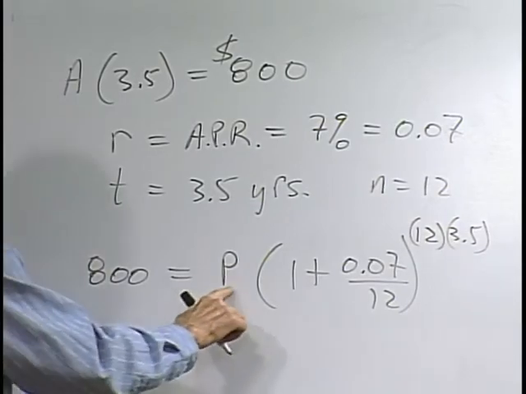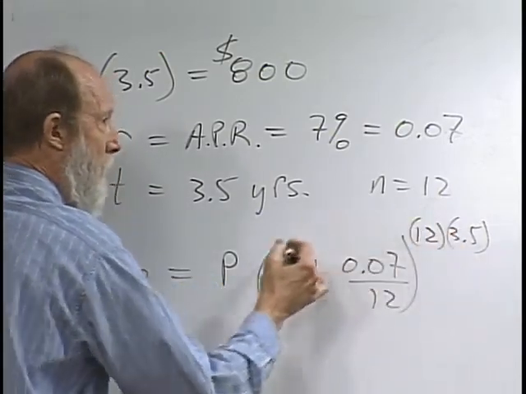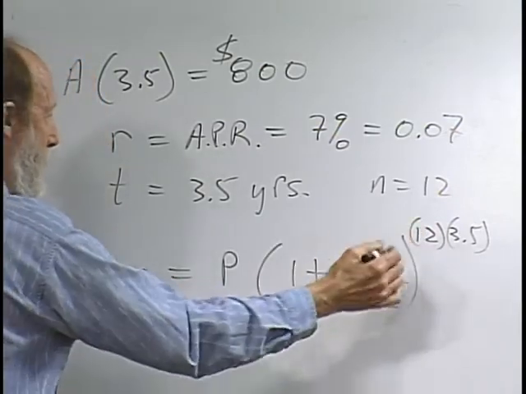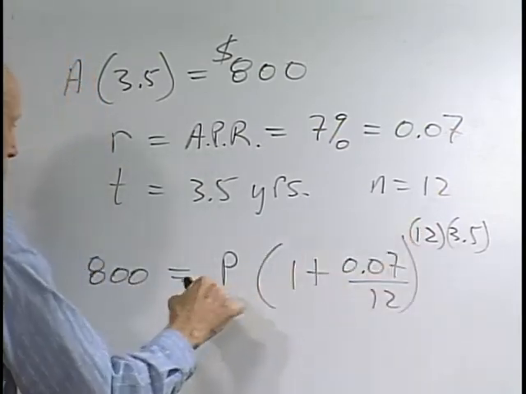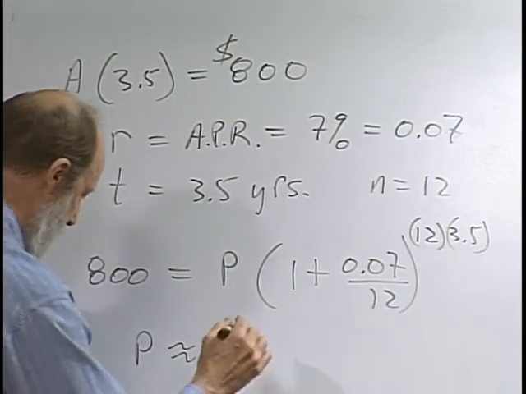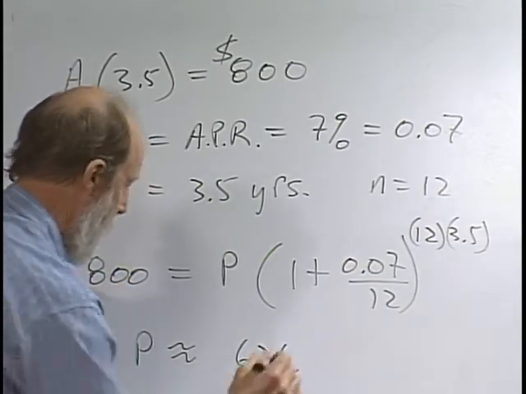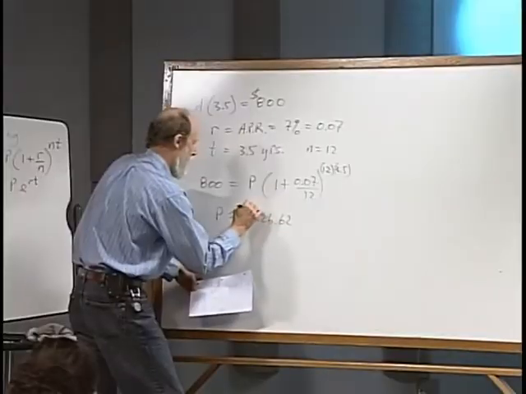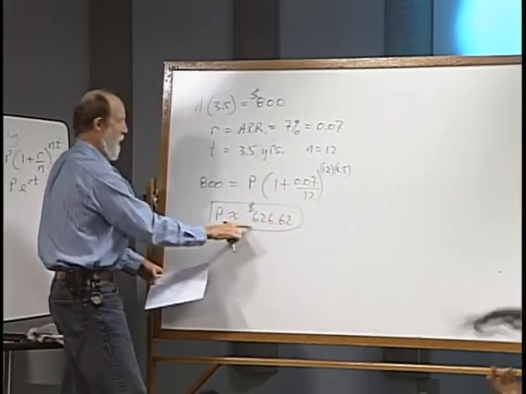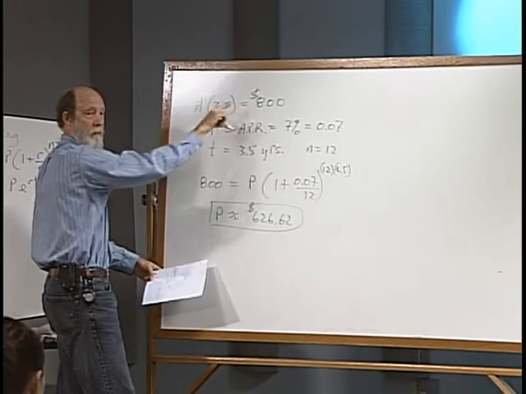Okay, when we solved this for P, in other words, this arithmetic over here is just a number, and we divide both sides by that number and solve for P, we ended up with a P value of 626.62. So this much money must be invested so that in 3.5 years we end up with $800.